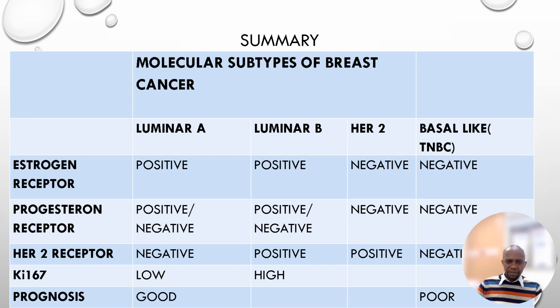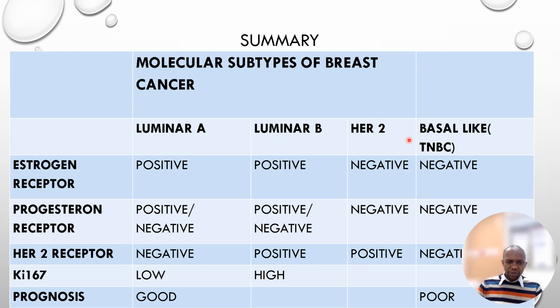In Luminal A and B, estrogen receptors are positive, but when it comes to progesterone, can be either positive or negative. For Luminal B, the major difference between A and B is the HER2 receptors which are present in Luminal B.